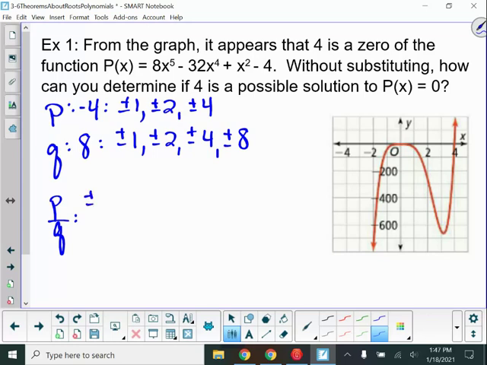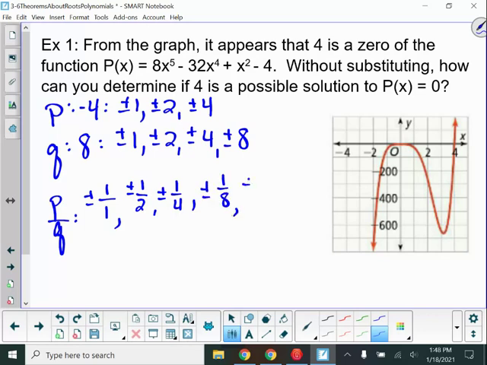If I start with p is 1, I'm sorry, I skipped the very first one: 1 over 1, plus minus 1 over 2, plus minus 1 over 4, plus minus 1 over 8.